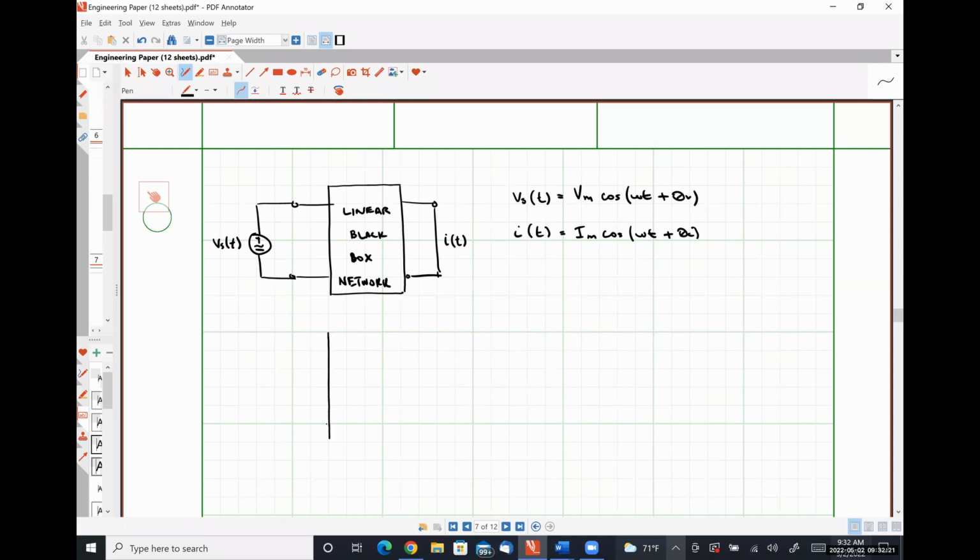Now let's say that I take that same black box network and I apply a slightly different input signal.